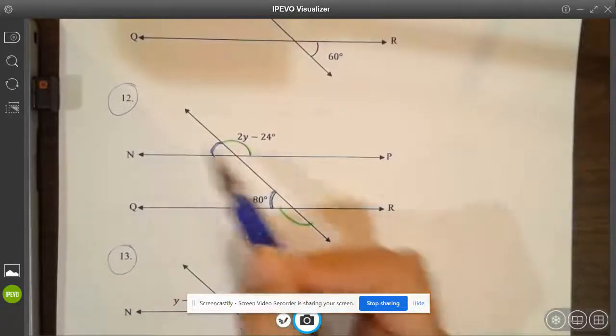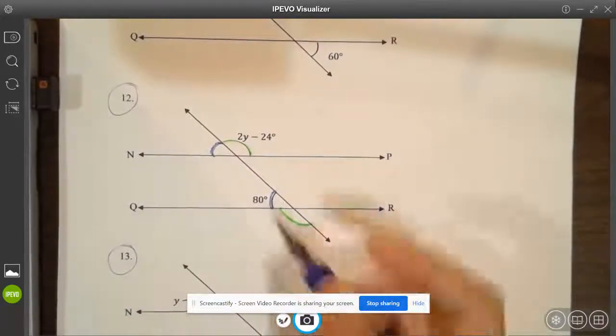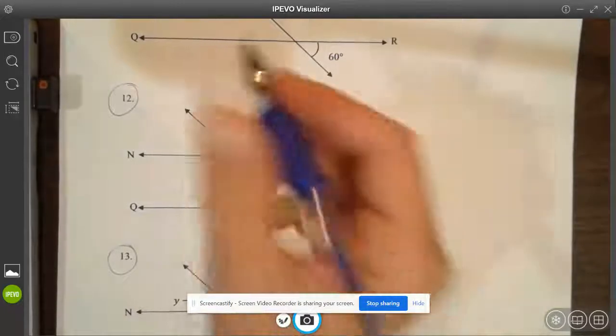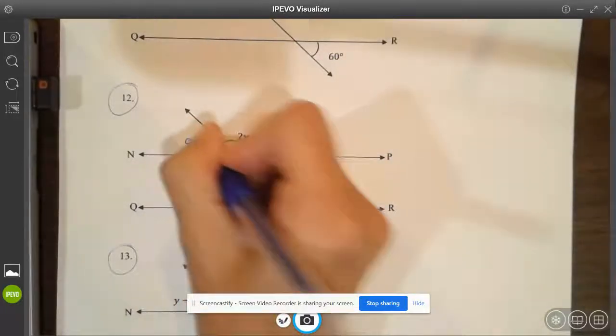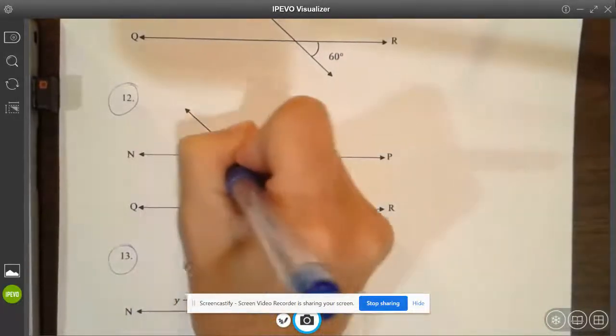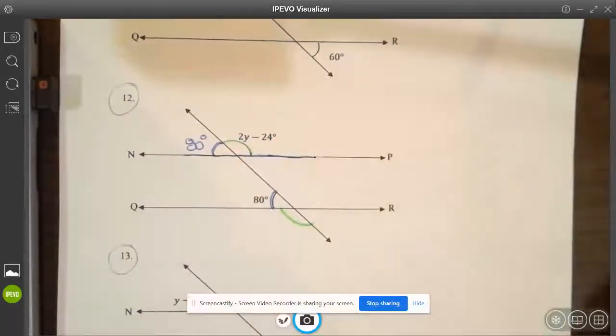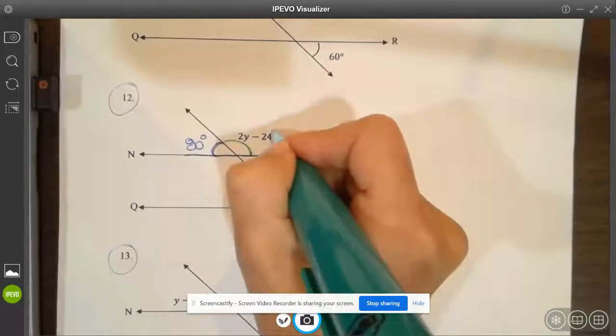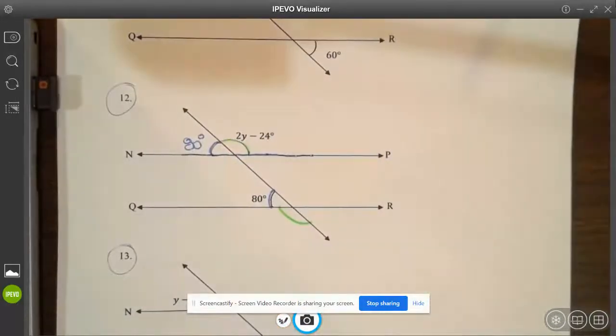They're congruent angles. They're the same measurement. So if this is 80, this is 80 degrees. So guess what? This is forming a straight angle. So that means that this angle plus this angle will give you 180.